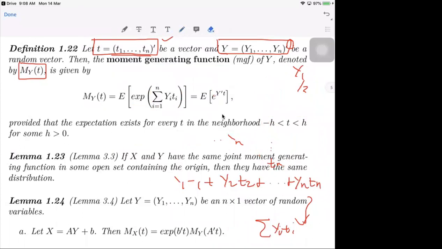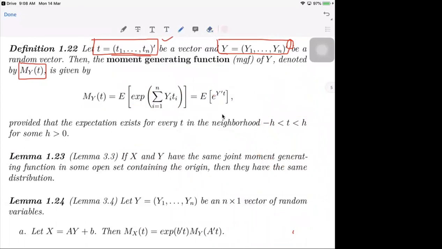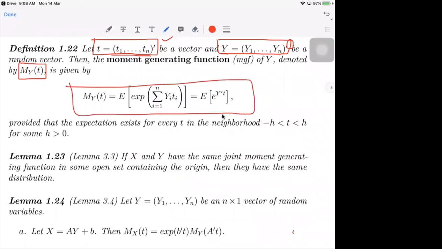So memorize this: the moment generating function is the expectation of e to the y prime t, provided that the expectation exists for every t in the neighborhood of t between negative h and h, where h is some positive number.